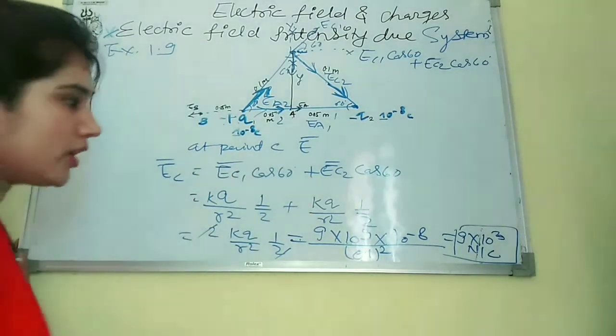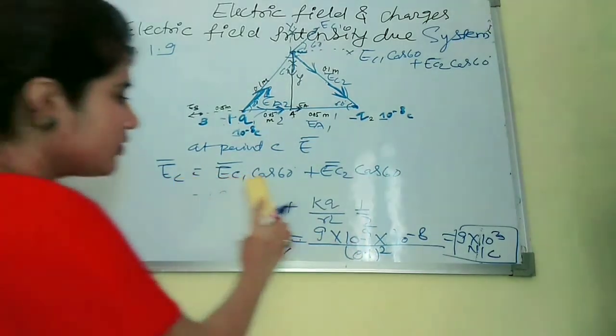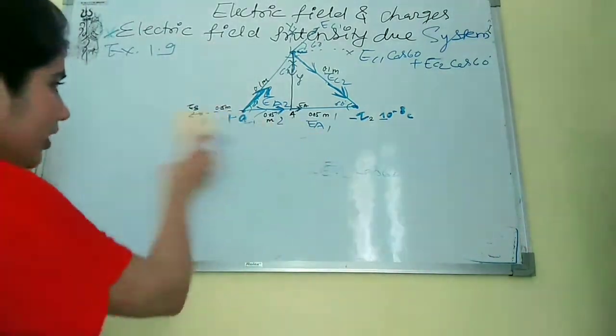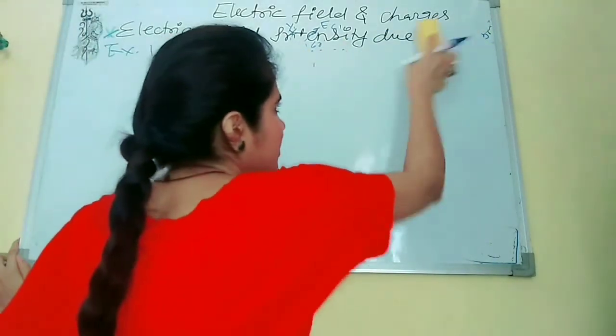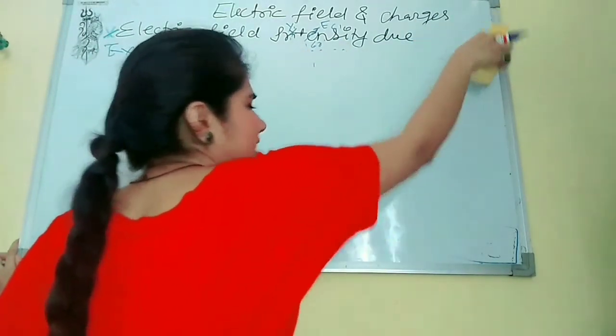Now one more thing: for a point charge we have seen the electric field intensity. Let's see the vector representation of electric field intensity. That is very simple.